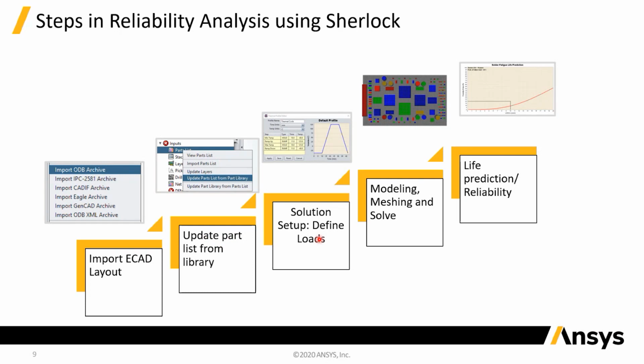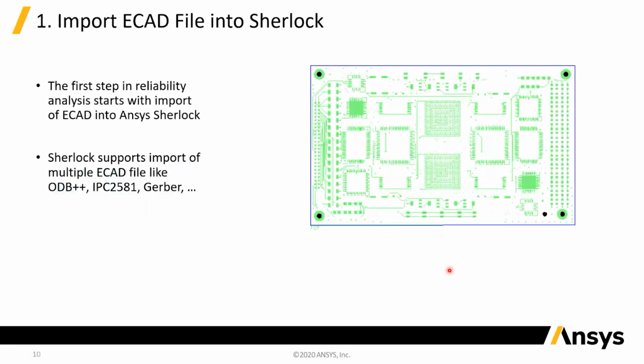It could be thermal environment, a shock, or vibration environment. So we define the thermal environment, model the PCB and solve it. And at the end, we get some life prediction or reliability curve, like how long or how many years this product is going to sustain without any failure. So that's the whole objective and the workflow in Sherlock GUI.